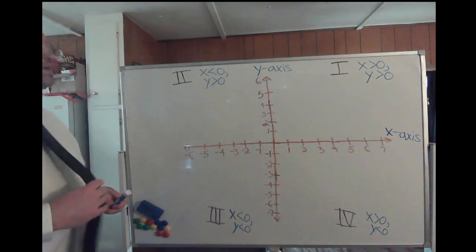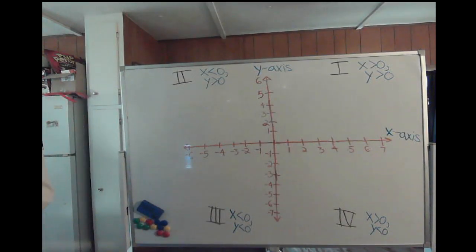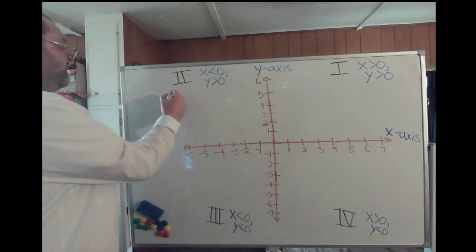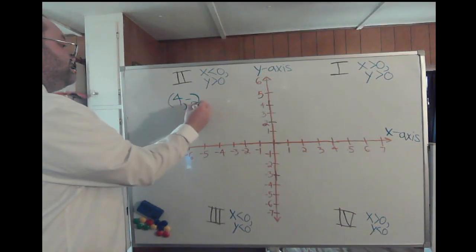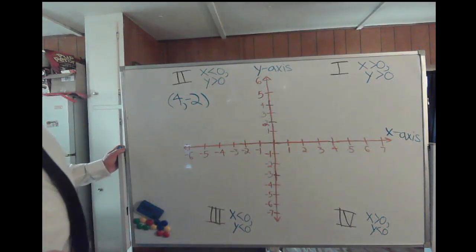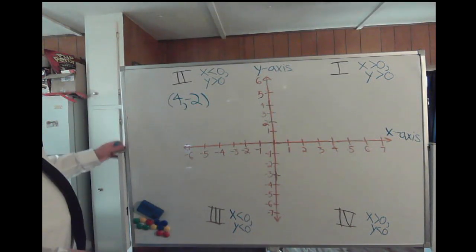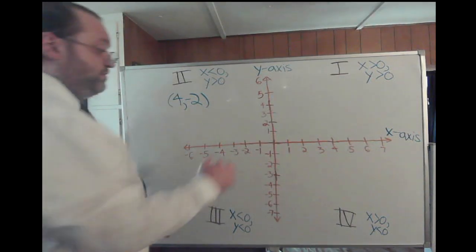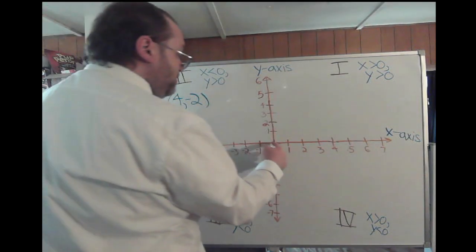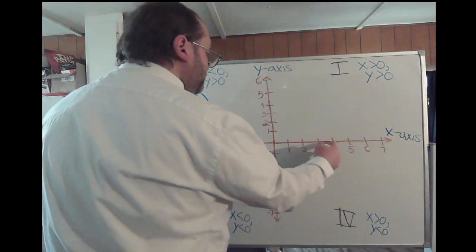Okay. How about the next one? (4, -2). So you are being asked to plot the point (4, -2) and then identify which quadrant it's in. So of course, you're going to go over from the origin. You'll go over 4. 1, 2, 3, 4.